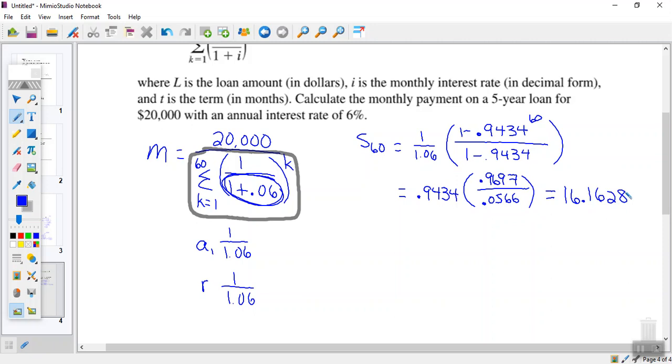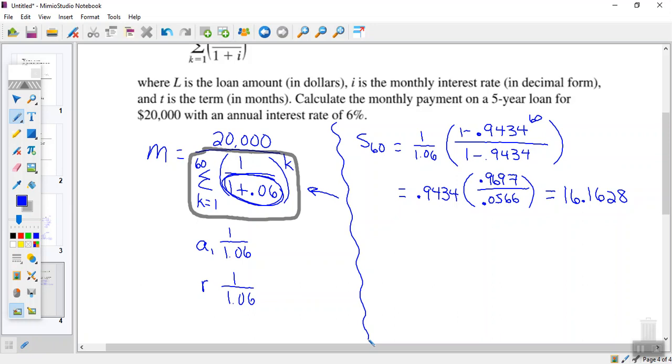So this bottom value here, my friends, is about what? This whole summation that we just did using our summation formula of a geometric sequence is about how much?